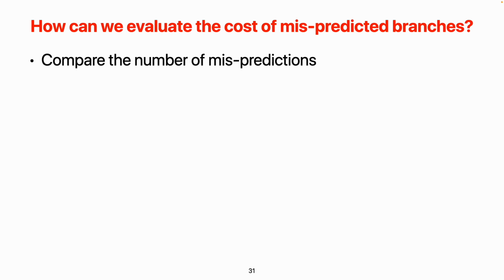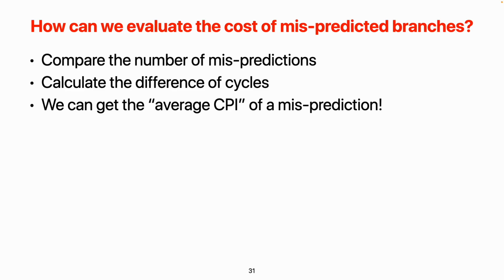That will give us the difference in cycles between good branch prediction and not having good branch prediction. And we also have the number of mispredicted branches at the same time. So if I can compare the difference in the number of mispredicted branches, then I can calculate the average CPI of the mispredicted branch.